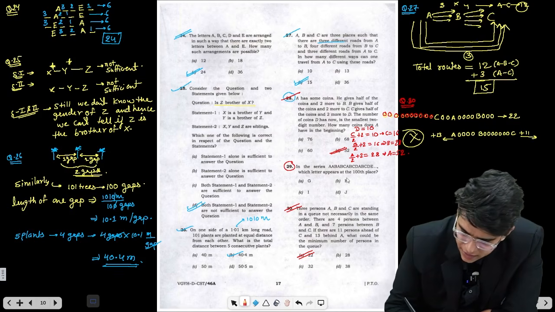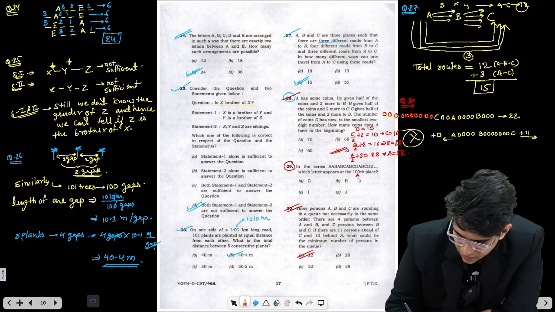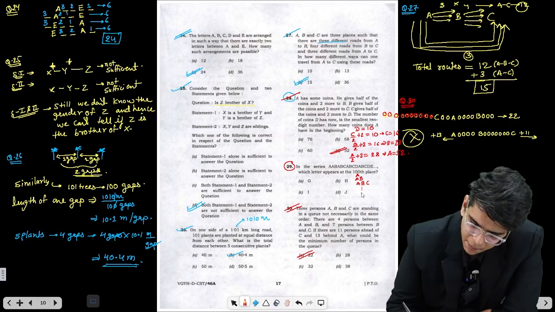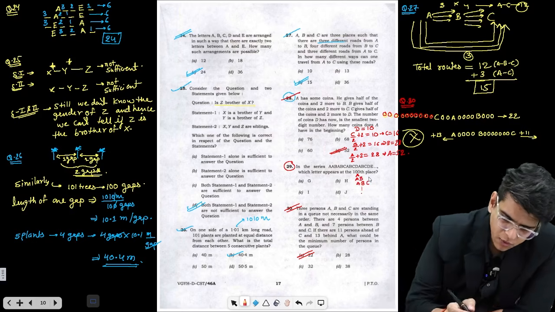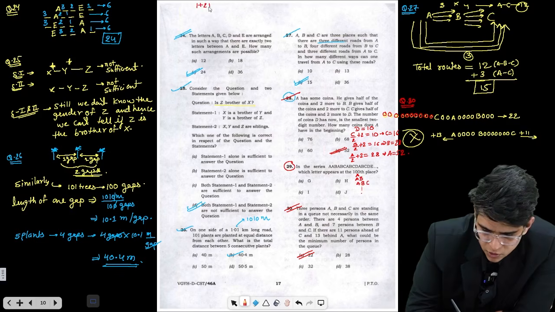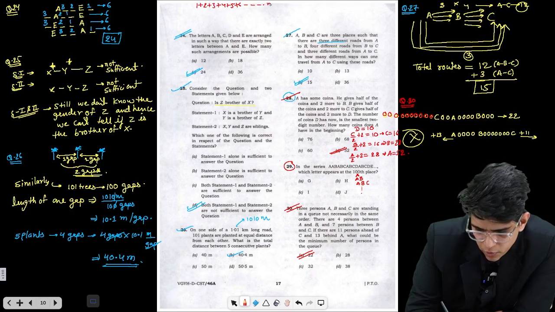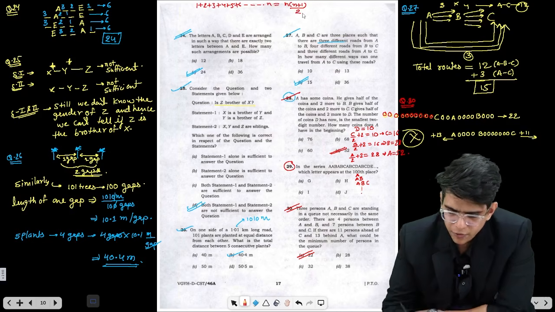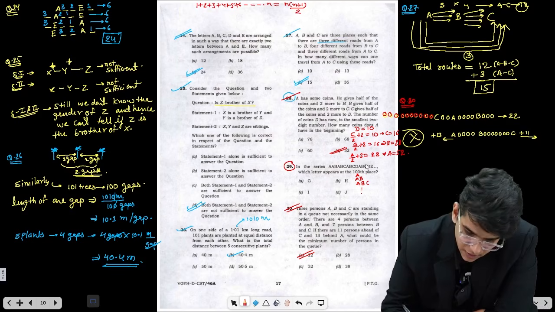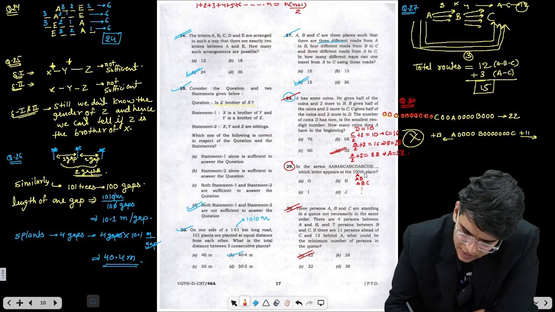Question number 29, the series is like this: A, AB, ABC and so on. Okay, here you need to know the sum of n natural numbers, 1 plus 2 plus 3 plus 4 plus 5 plus 6 up to n, is n into n plus 1 by 2. So we need to find a series number such that the sum is less than 100.